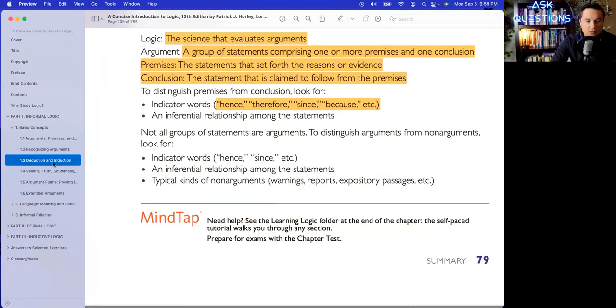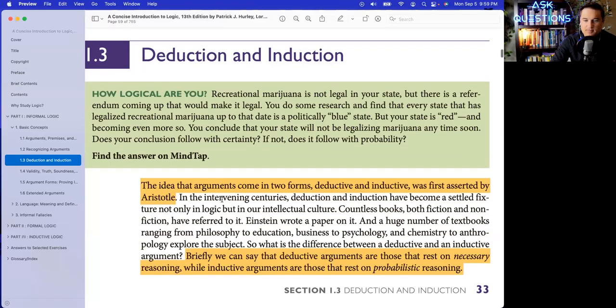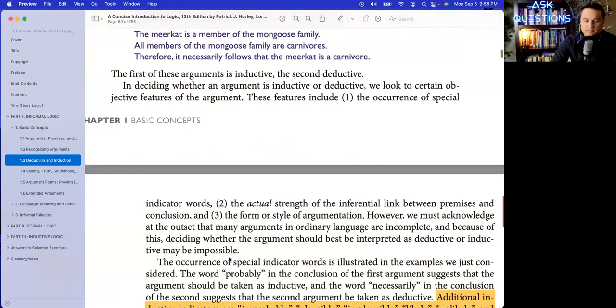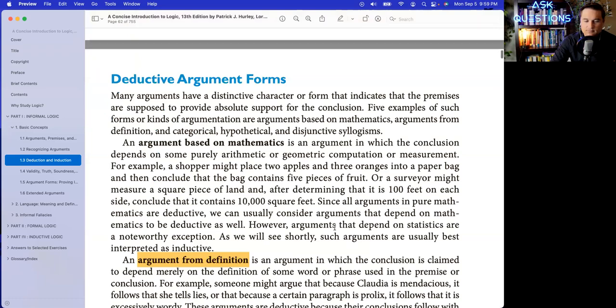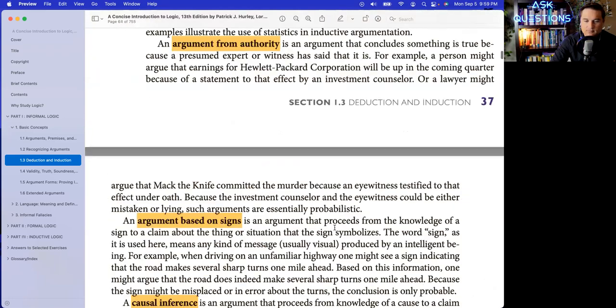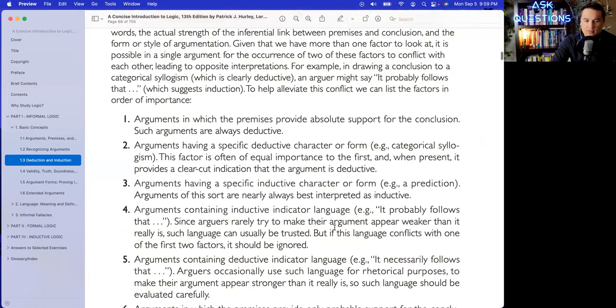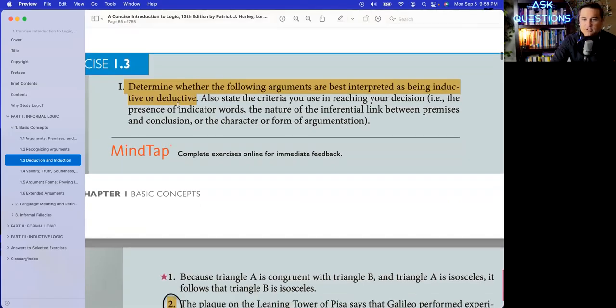Okay, so we want to go to 1.3. Here it is, deduction, induction. So hopefully you did this reading. And let's go down to 1.3.1. And what's our job here? We need to determine whether the arguments are inductive or deductive.